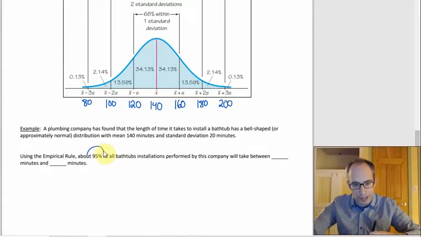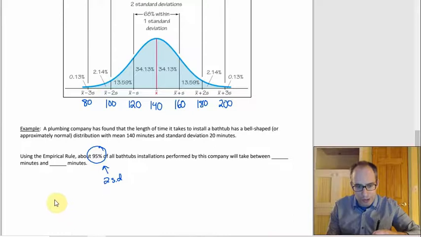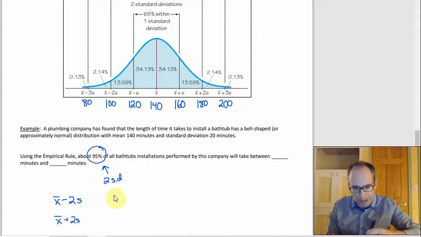Okay, so another way to do this, though, is 95%, right? That is going to be 2 standard deviations according to the empirical rule. So you need to go 2 below and 2 above. So you'd need x bar minus 2 times s, and then x bar plus 2 times s. So you could just substitute in here and say, well, this would be 140 minus 2 times 20.